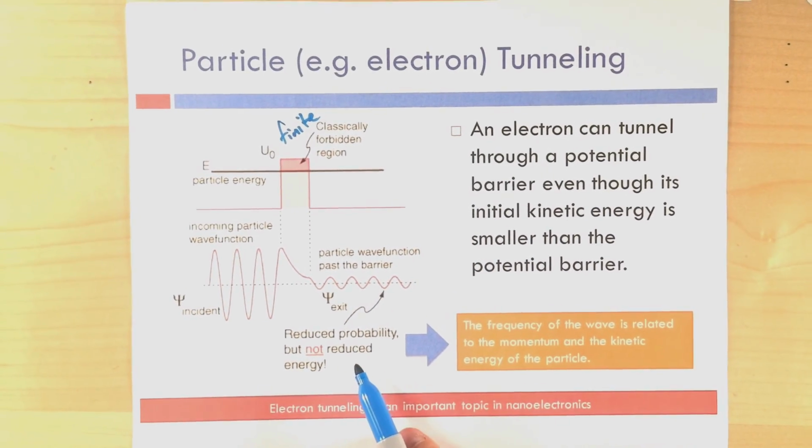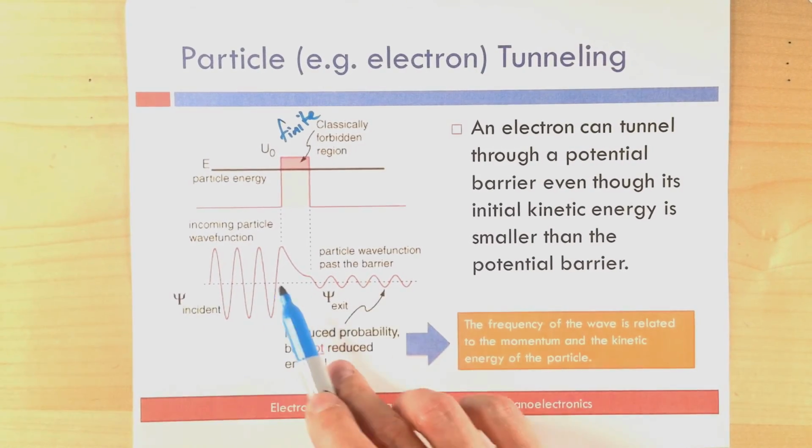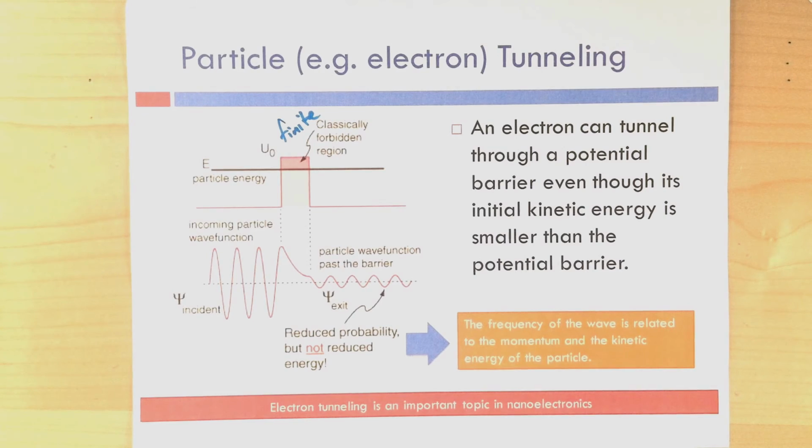So the probability is reduced, but it's not zero. Now, if the electron is on this side or this side, it still has the same energy. And so this reduced wave function doesn't change the energy of the electron that could be over here, but it does change the probability or the chance of finding it on either side.